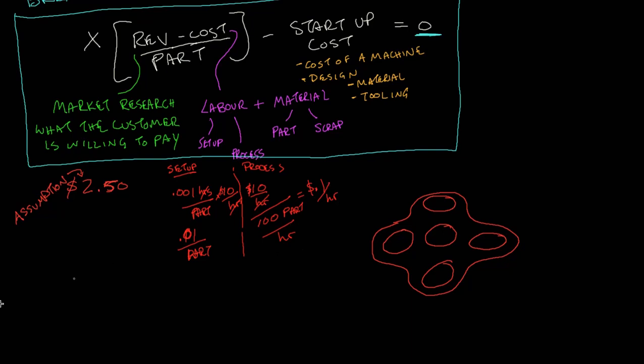Okay, so if we work this out, we get 250 minus 0.01 per part plus 0.1 per part.